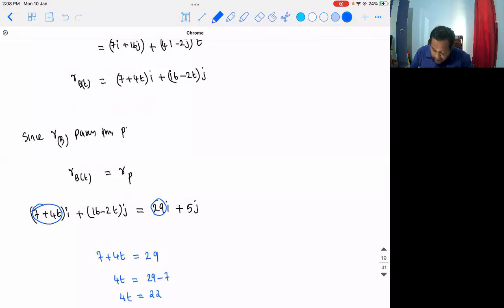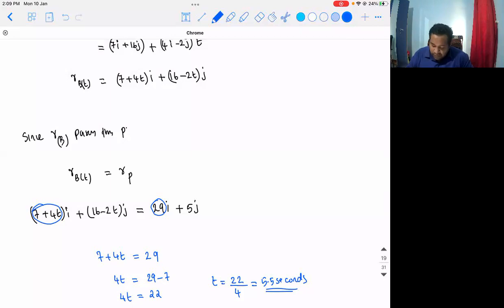So t is equal to 22 over 4, that is 5.5 seconds. So Brioni passes this point P after 5.5 seconds, but Agatha passes after 6 seconds. So we got the time.